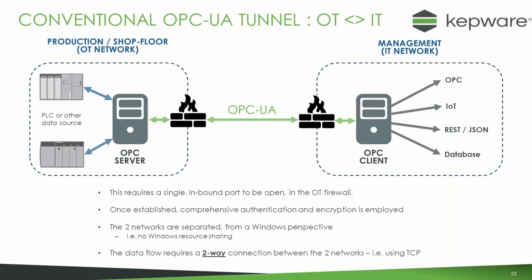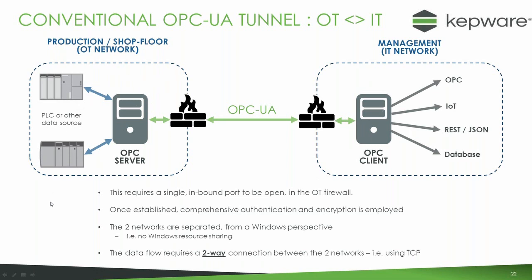So you have a TCP connection made from the OPC client down to the OPC server, and that's passing data using TCP through an open port in the firewall at the OT end. So that means that the OPC client on the IT network can pass data down onto the OT network. So it can influence the behavior of the OT network by this client being able to push down.